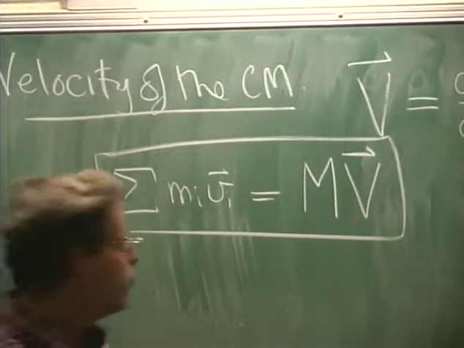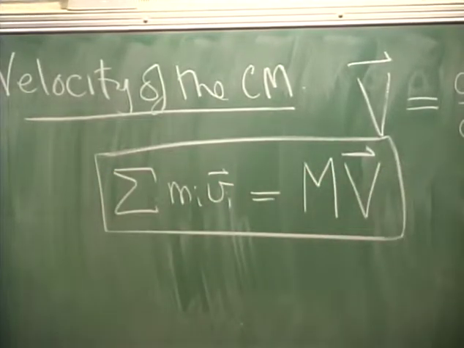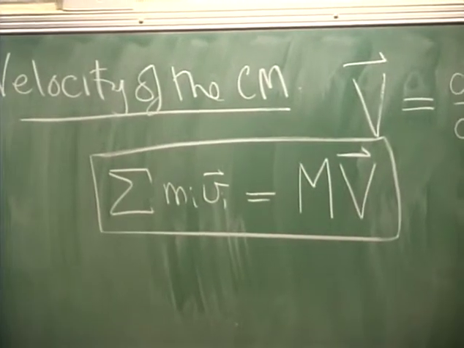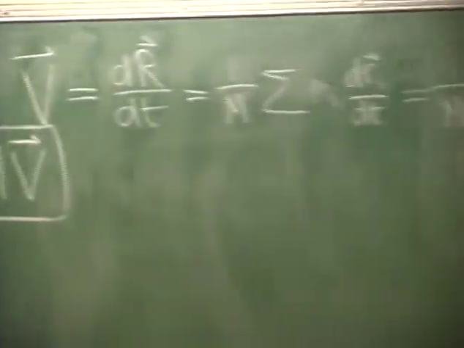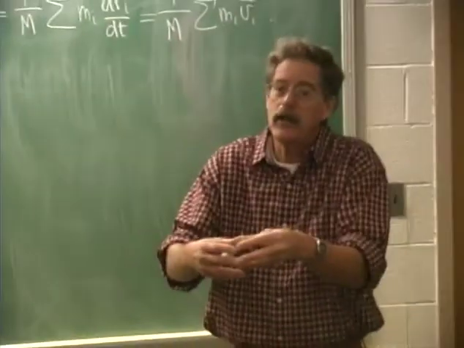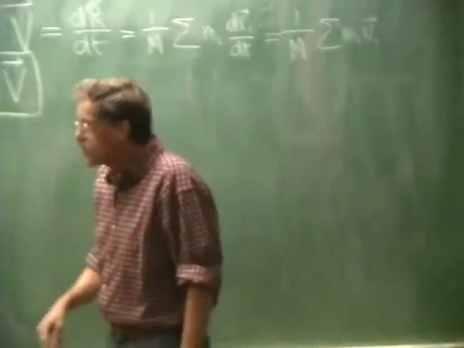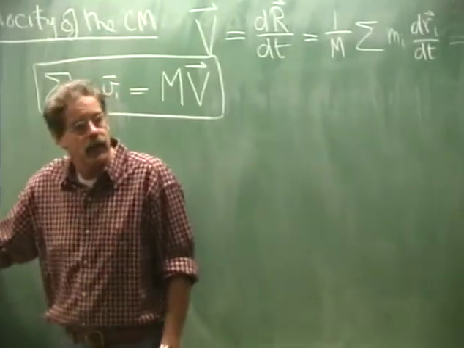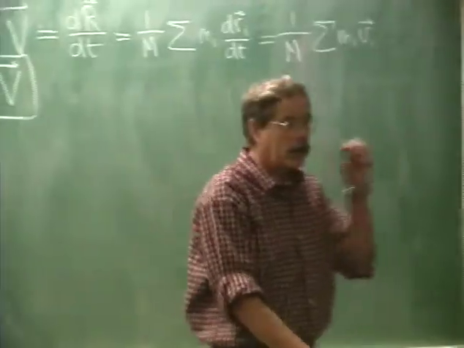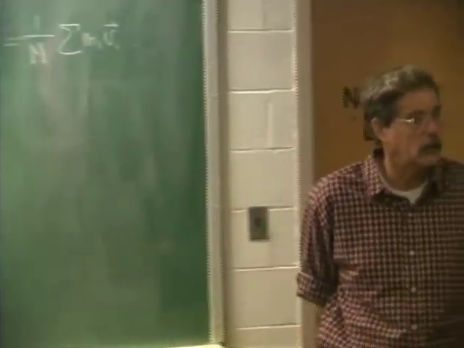It's as though I could pretend that all of the mass of the bees was concentrated at that one fictional point, the center of mass, and then I watch how that moves, and I come up with exactly the same momentum as if I had gone in there and examined every single bee and added up its mass times its velocity.